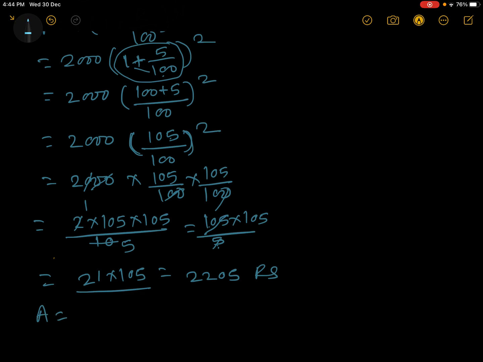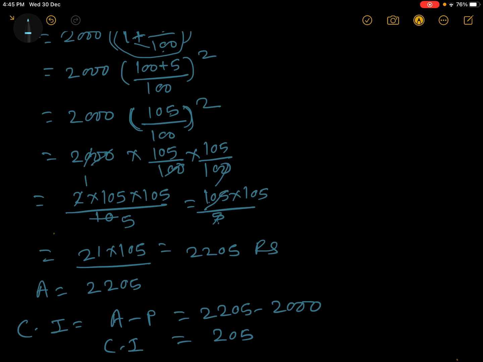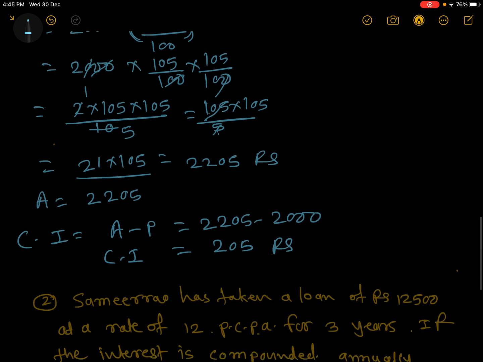That means A, the amount, is 2205. Then from this we calculate compound interest equal to A minus P, that is 2205 minus 2000. We get 205. It is the compound interest, rupees 205.